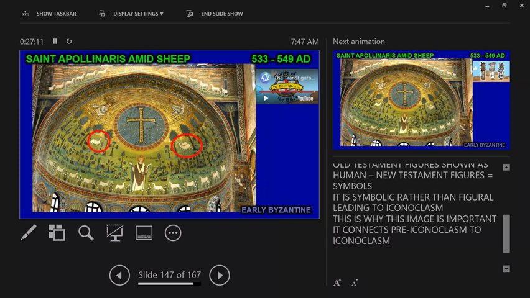And some people read those passages and then went nuts with it, meaning you're not allowed to make any art at all. And so we're going to get into a time where there's not much art being made. And this is leading to that, where it's not good to show people. And so we're beginning to see these people being shown as animals instead of human beings. And that is leading up to iconoclasm.